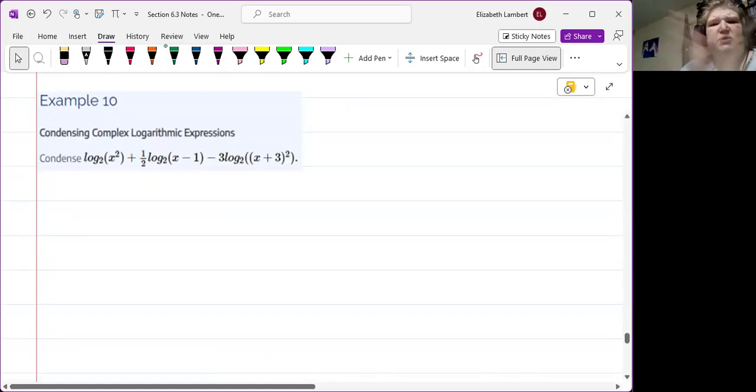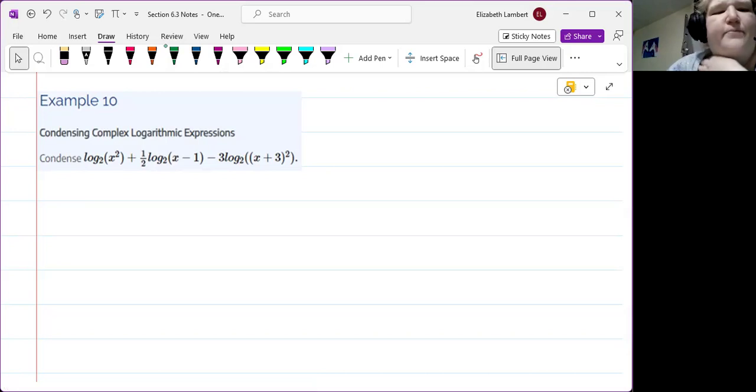And now let's do it with it even crazier. We can do it. So log base 2 of x squared. So like my gut instinct is, ooh, move the 2 down. And then I'm like, wait. No, we're condensing. Don't move the power down. Leave it where it is. Plus 1/2. This power needs to come up. Minus 3.